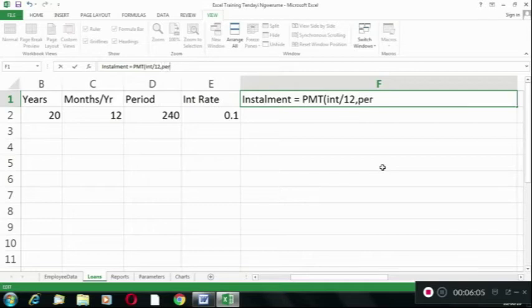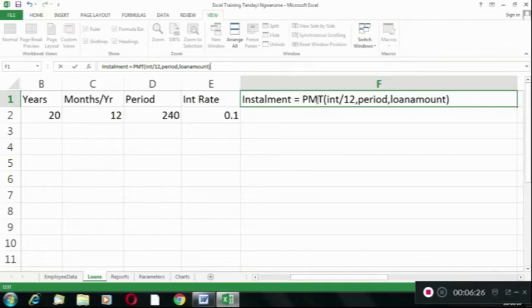period. That's the total number of months, period, and then we put the loan amount. So this formula gives us the installment, the monthly payment.